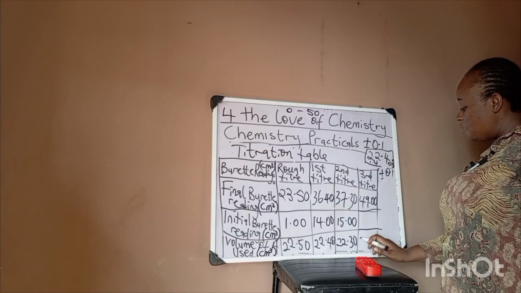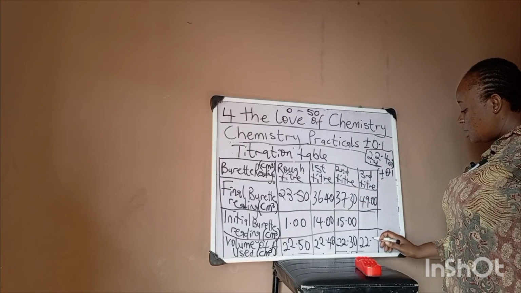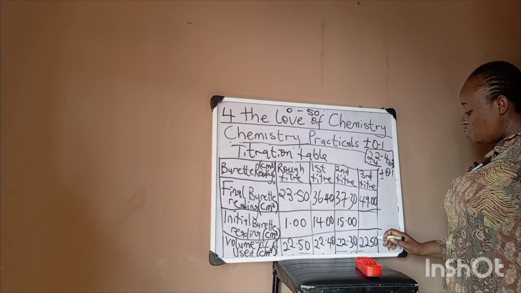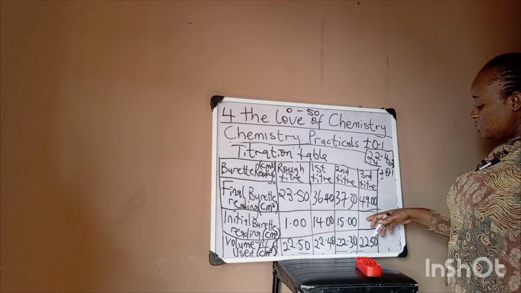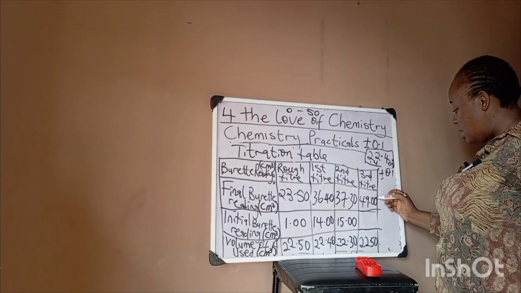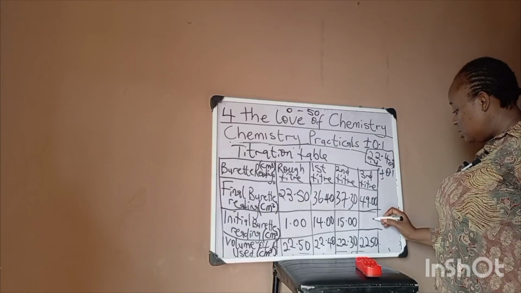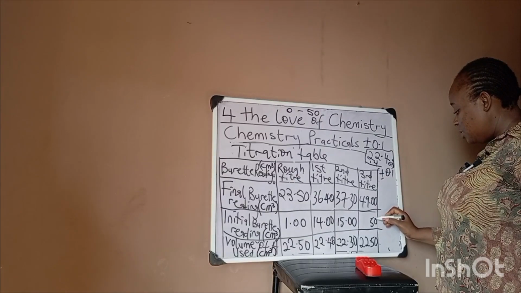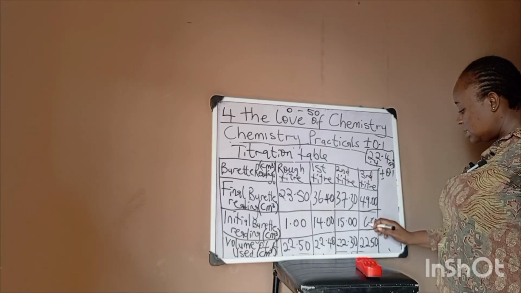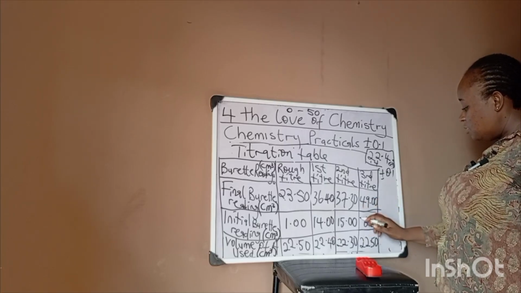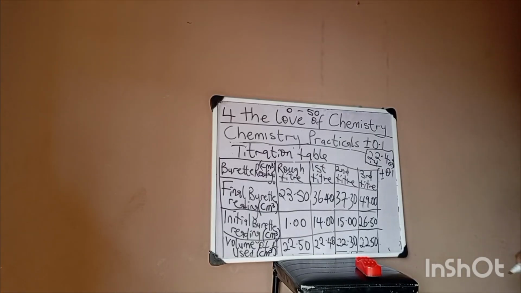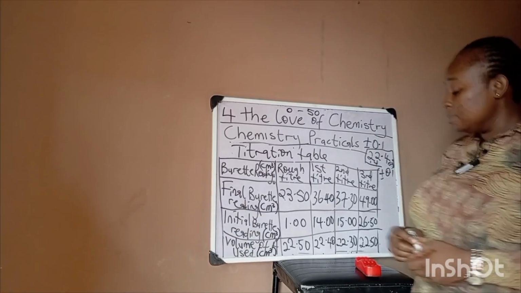So 22.4 plus 0.1 will give me 22.5. And remember, 2 decimal places. So for me to get this, I'll simply say this minus this. This minus this will give me 0. You have 8 here. 8 minus 2 will give me 6. 4 minus 2 will give me 2. All right. So that is our table.